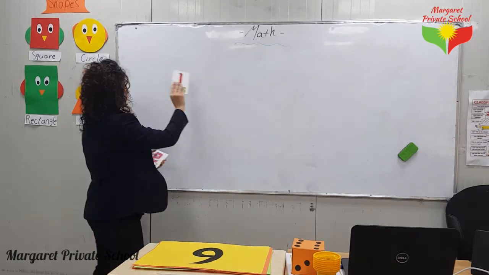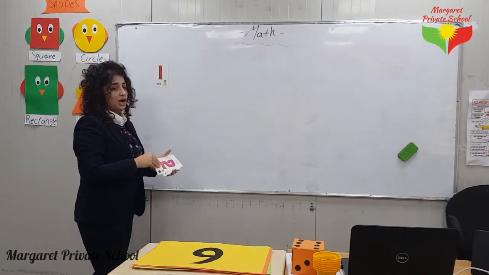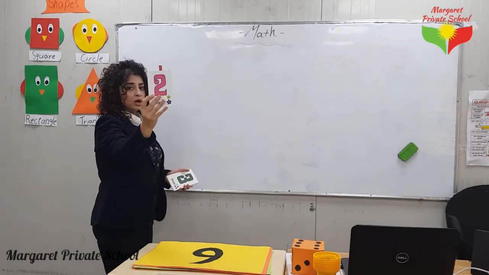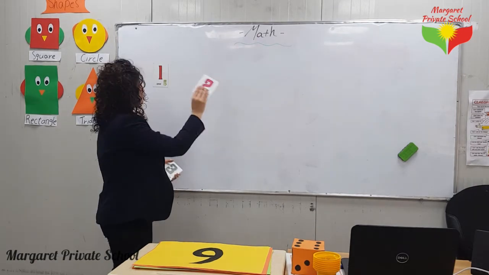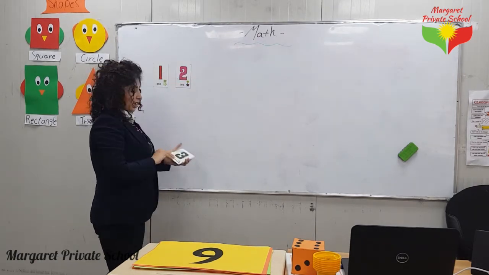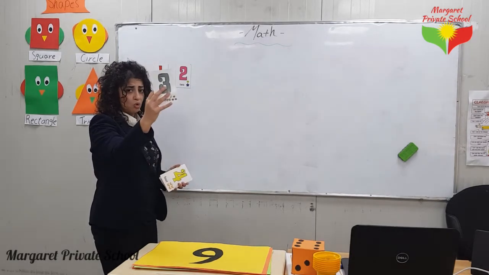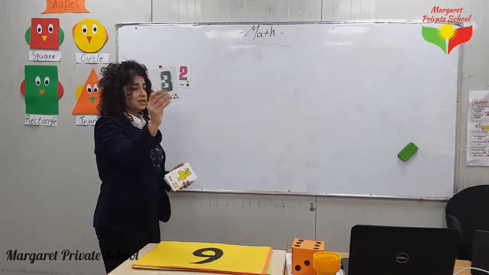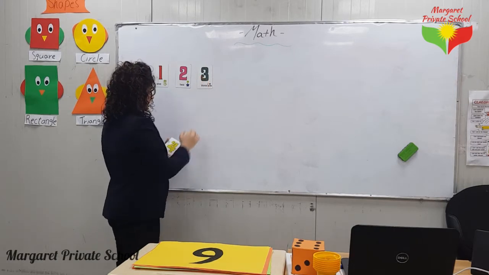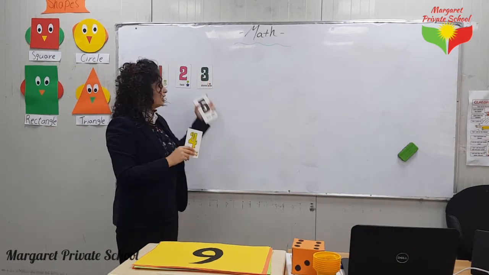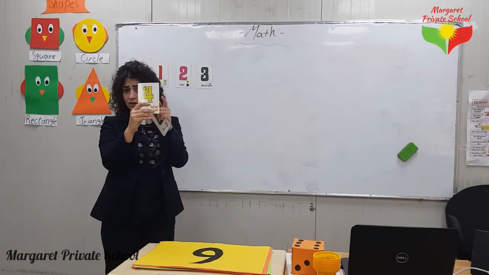This is number 1. And what's the number after number 1? We have number 2. After number 2, we have number 4? No, we have number 3.